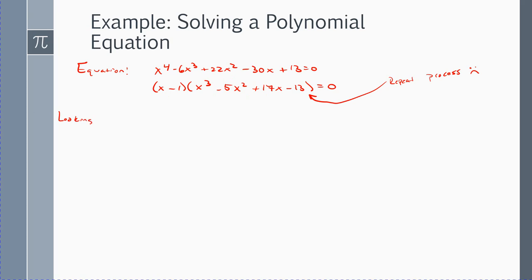So looking at x cubed minus 5x squared plus 17x minus 13, okay? Possible rational zeros.